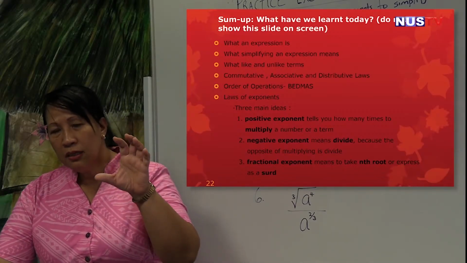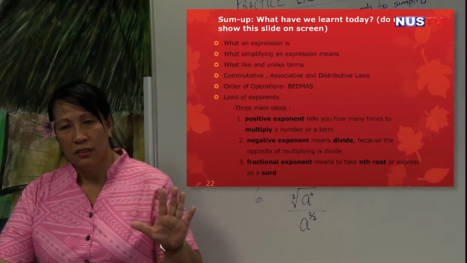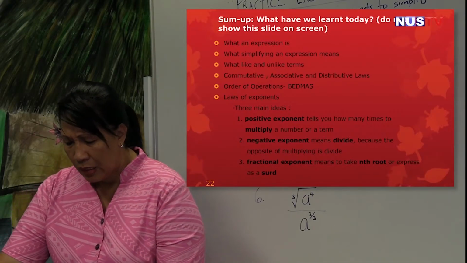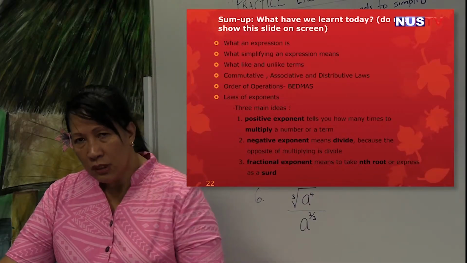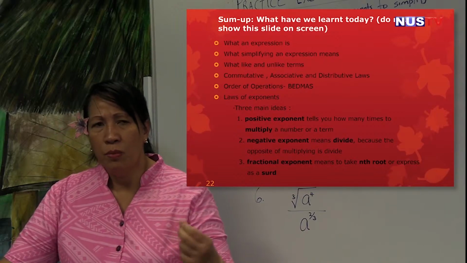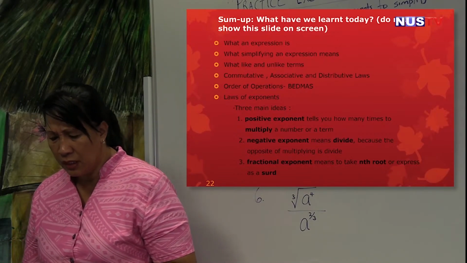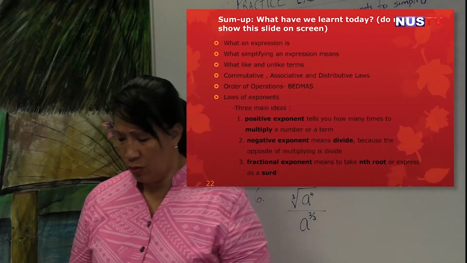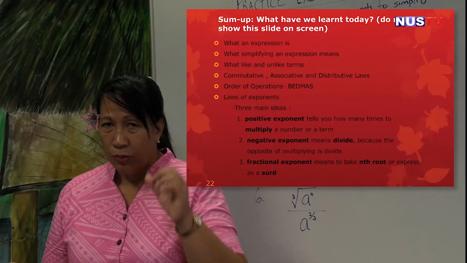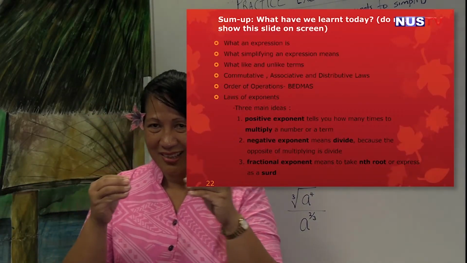The 3 main ideas I want you to take away from today's revision on laws of exponents are: when the exponent is positive, it tells you how many times you need to multiply a term or a variable. Note the connection here: positive exponent, multiplication.